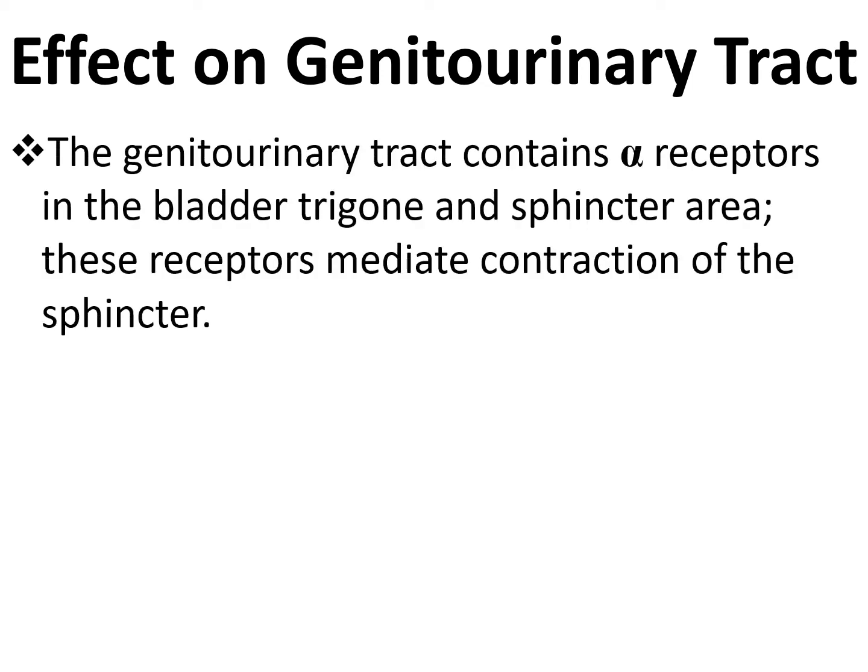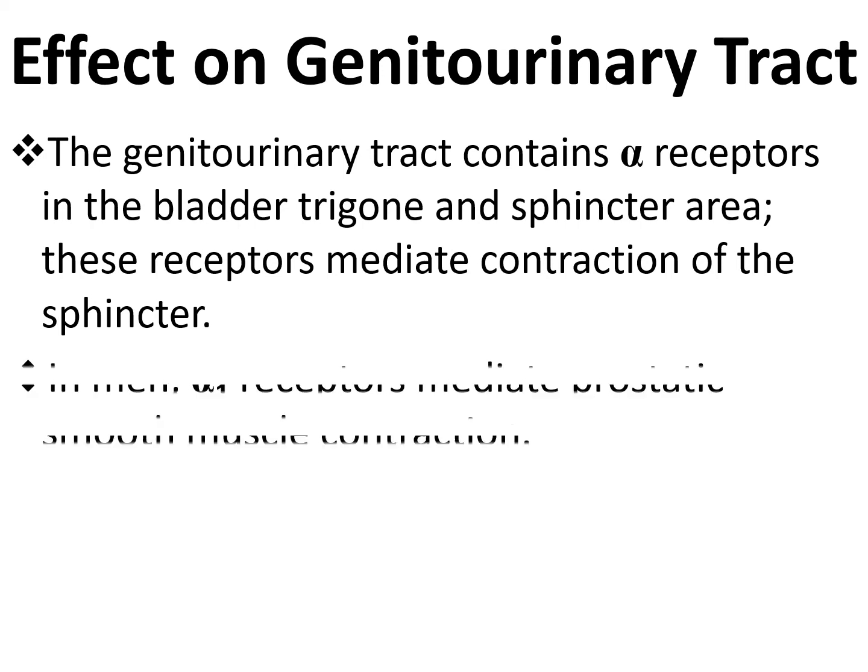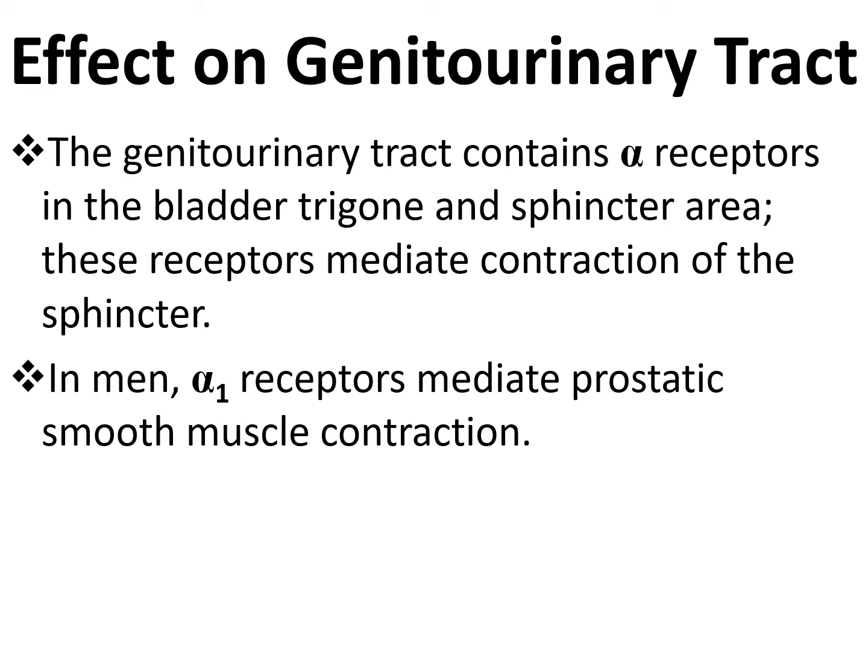Now, what is the effect on the genitourinary tract? We have seen the alpha receptors in the bladder, especially in the sphincter of the urinary bladder. I hope you remember where the sphincter is located. Apart from the sphincter, the trigone also contains alpha-1 receptors. These receptors mediate contraction of the sphincter. In men, alpha-1 receptors mediate prostatic smooth muscle contraction.